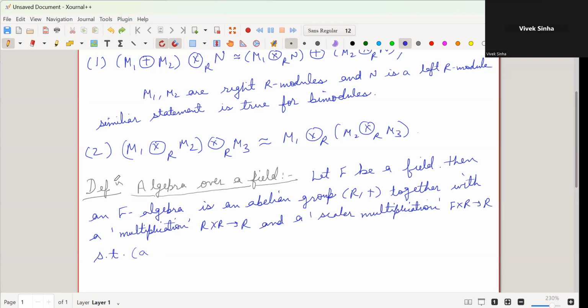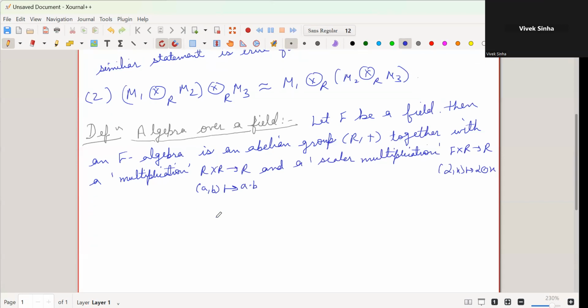this multiplication takes A comma B and sends it to A dot B, and the scalar multiplication takes alpha comma X and sends it to alpha dot X. Okay, so this is a scalar multiplication, and this is your multiplication inside the ring.